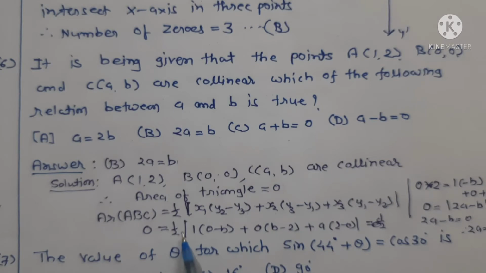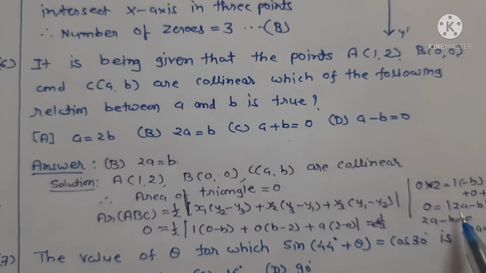1 upon 2 mod of 1 in bracket 0 minus b plus 0 (b minus 2) plus a (2 minus 0). Here x1 y1, x2 y2, x3 y3. Putting the values we get 0 equal to 1 upon 2, 0 into 2 is 0, 1 into minus b, 0 into something is 0, a into 2 is 2a.